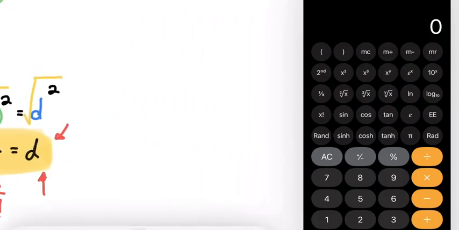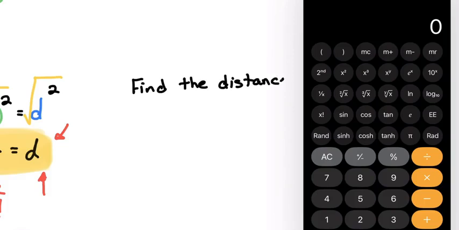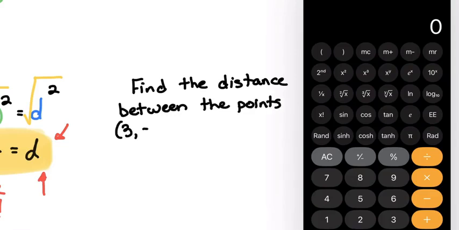Let's say I'm asked to find the distance between the points 3, -7, and 15, 12.